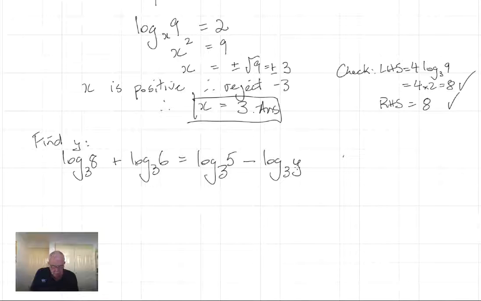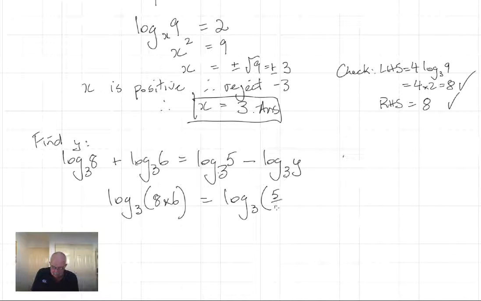We can simplify both the left hand side and the right hand side. If we're adding logs with exactly the same bases, we must be multiplying the numbers. So that's log to base 3 of 8 times 6. If we're subtracting the logs on the right hand side, both to base 3, we must be dividing the numbers. So we're dividing the 5 by the y. Here we've got log to base 3 of something, log to base 3 of something.